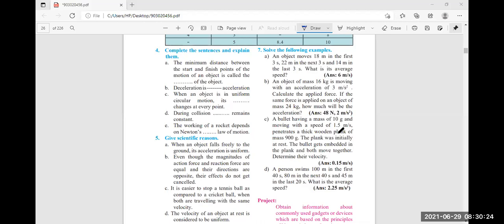Yes, sir. Very good. Next. When an object is in uniform circular motion, its dash changes at every point. Sai Karat, what is the answer? Velocity. Shreya Yadav, is it correct? Yes, sir. Very good.